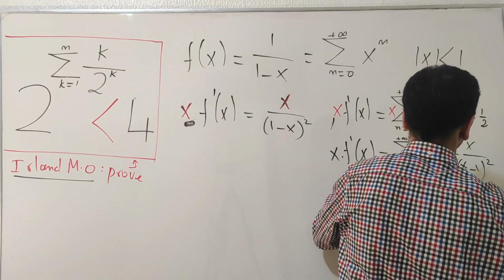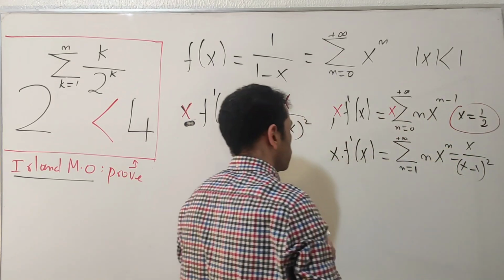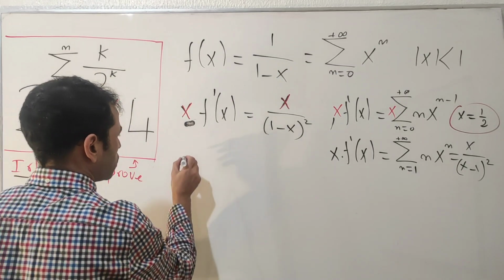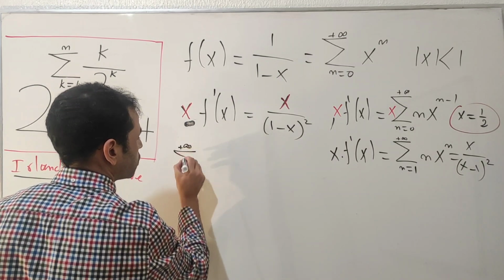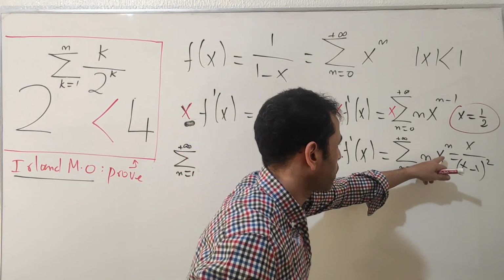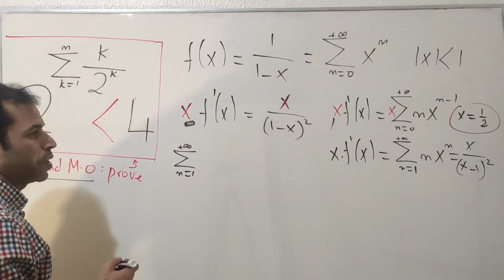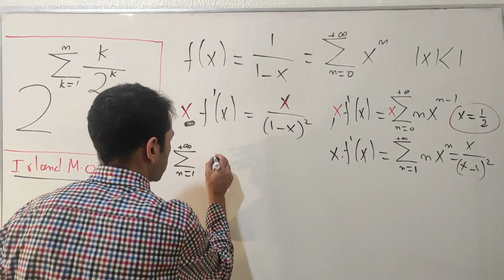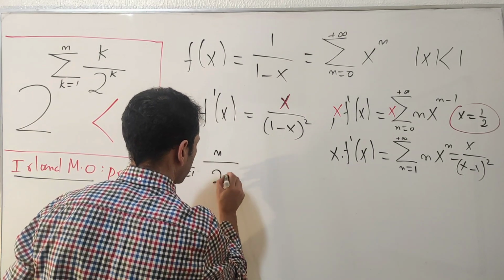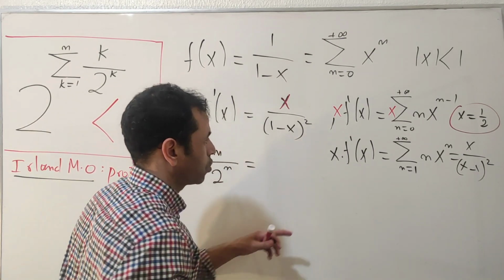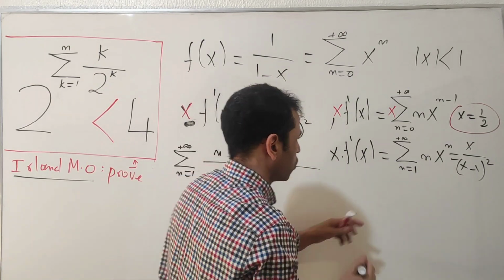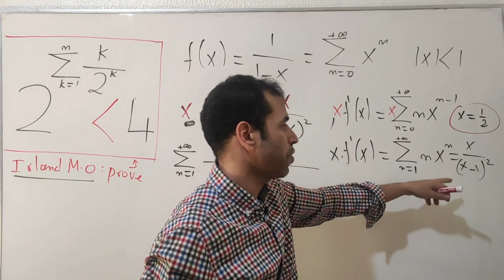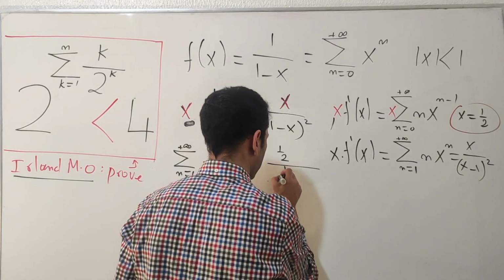Doing that, I get the sum as n goes from 1 to plus infinity of n multiplied by half to the n, since I'm replacing x with half. So I get n over 2 to the n, which equals half, 1 over 2, all over 1 minus 1 over 2, which is half squared, which is 1 over 4.